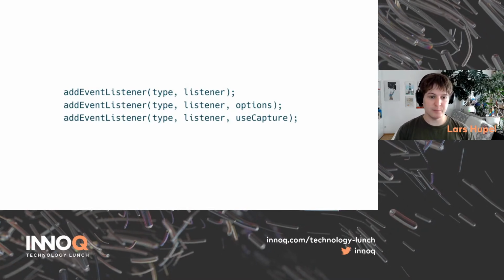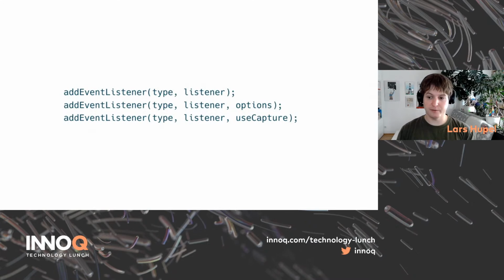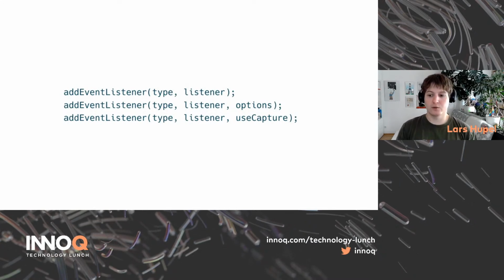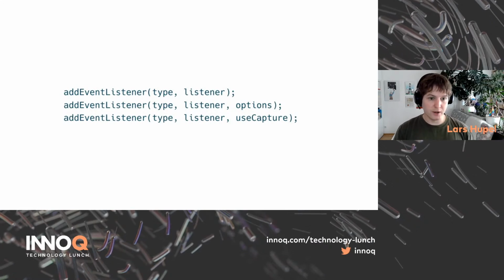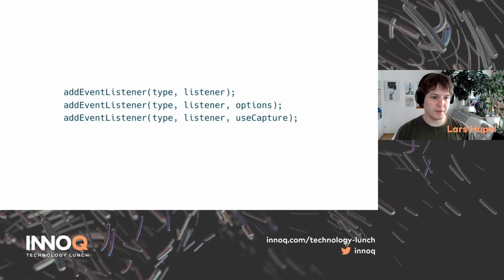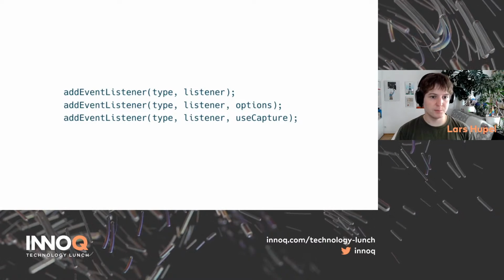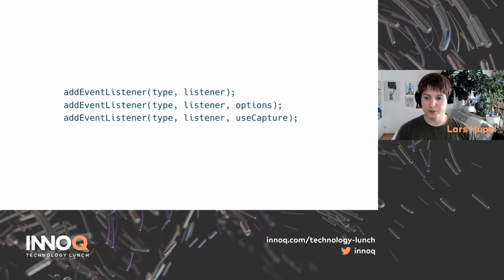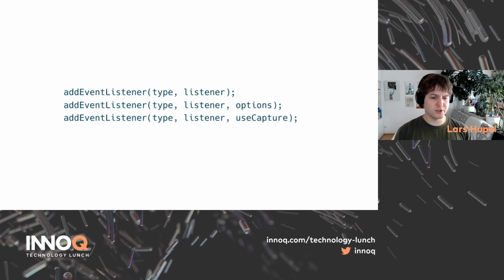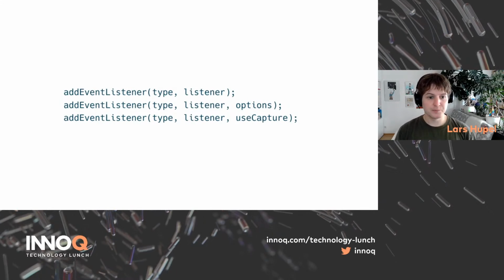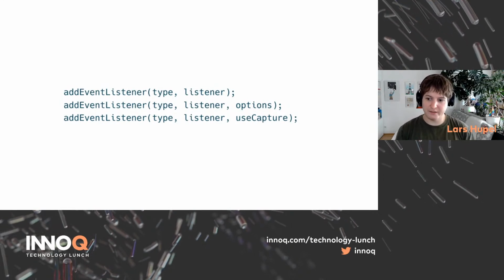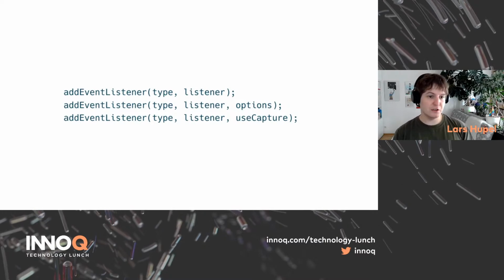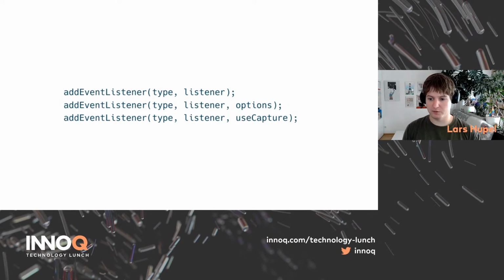The first parameter is the type of the event that you want to listen for, and the second one is the callback that gets invoked by the browser once an event happens. There are two other versions of this method as well. There's a possibility to pass a third parameter, which is, if I remember correctly, an object where you can give multiple different keys. And then the third version is where you specify a Boolean, right? The precise meaning of those parameters doesn't actually matter. But what's interesting here is that you have some form of overloading going on.